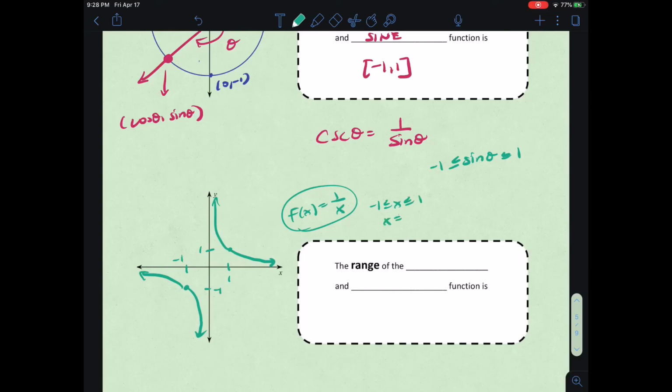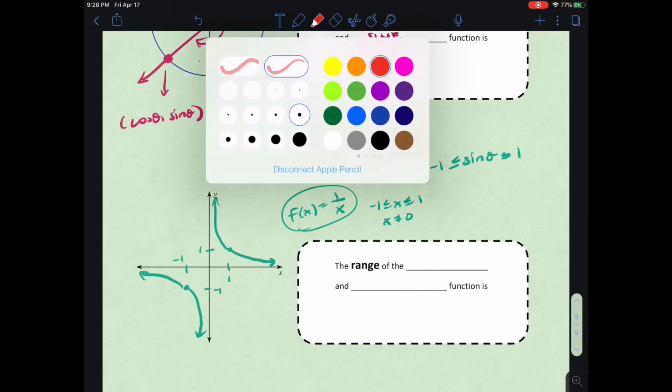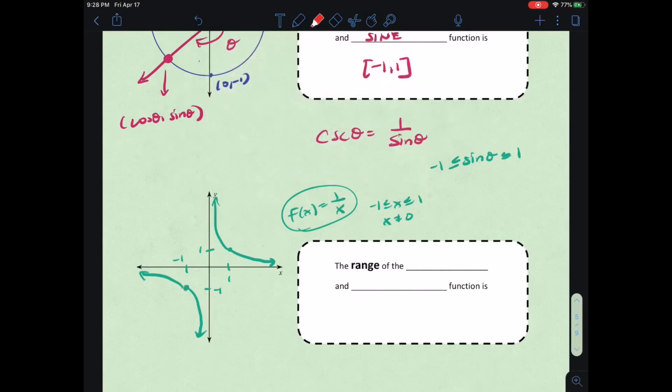Now obviously here x can equal 0. So what we're going to do is just focus on the portion of the graph when x is between -1 and 1, because the range of that function f of x equals 1 over x would be the same as the range of cosecant of theta, which is 1 over sine theta.